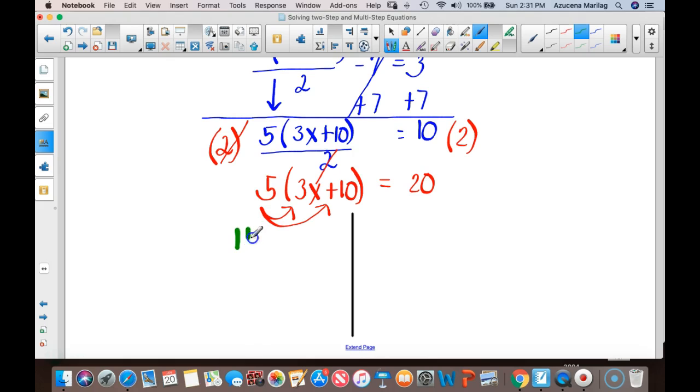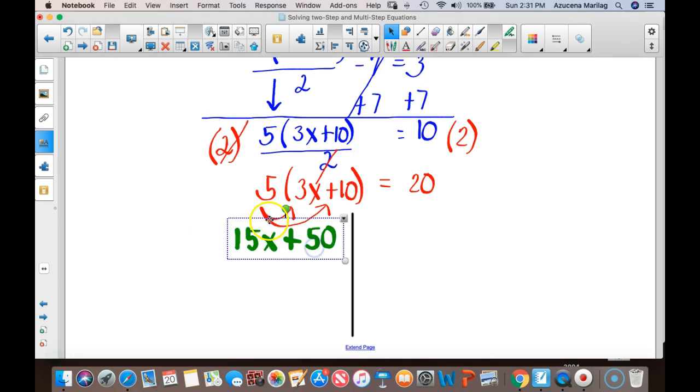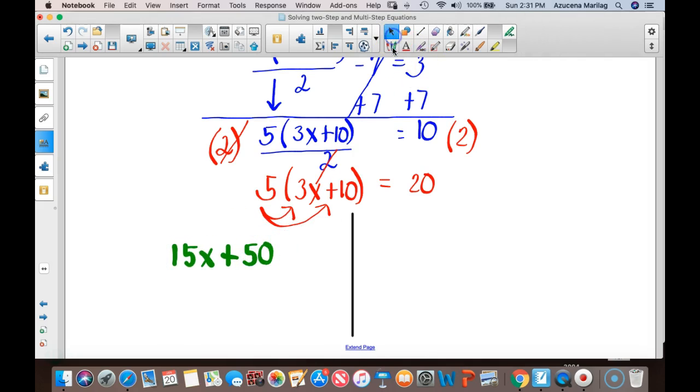So 5 times 3x, that's going to give me 15x. 5 times 10, that's going to give me 50. And that would equal 20.